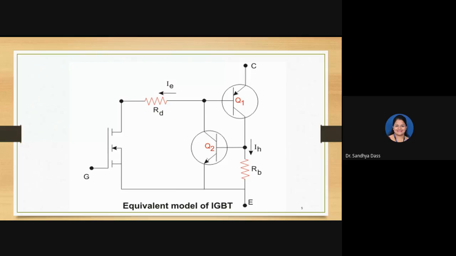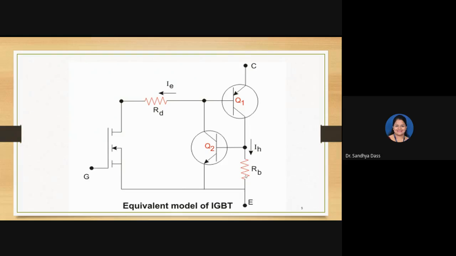You have the gate terminal of the MOSFET structure, the two resistances RD and RB, offered by the drift region and the body region respectively, and the collector and emitter terminals of the BJT. All right. So I think this is where I had stopped.